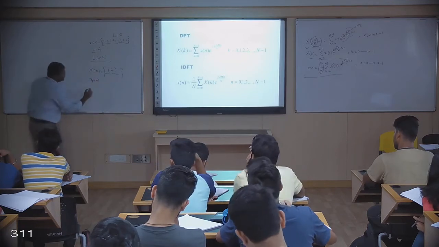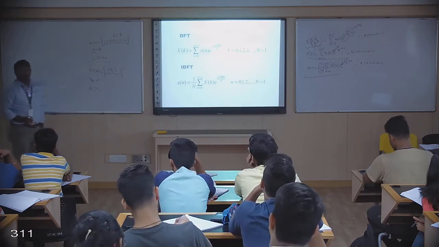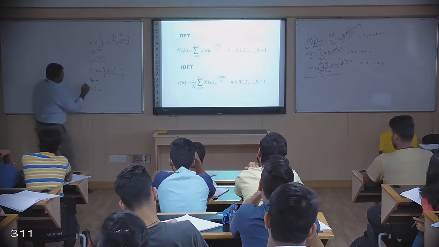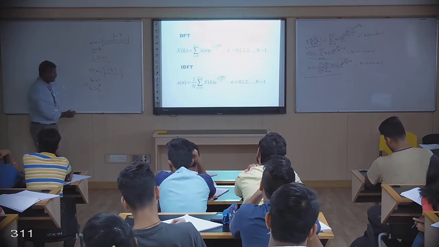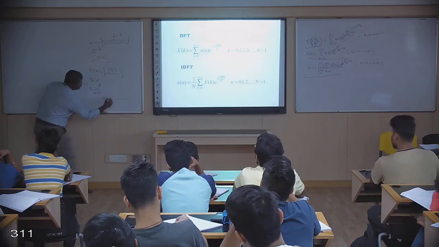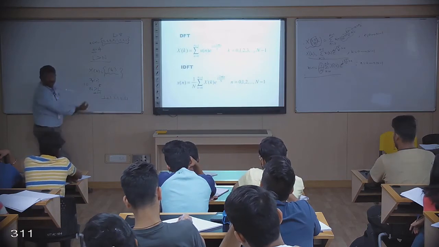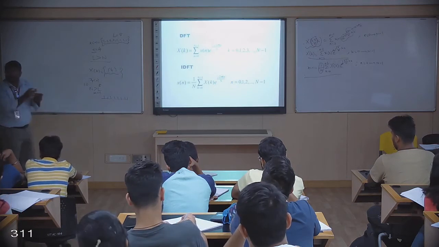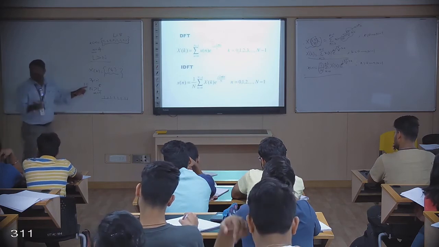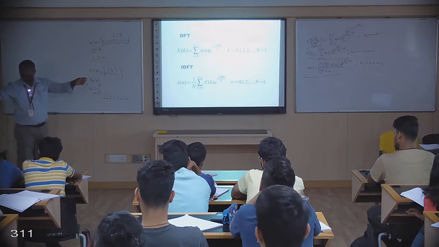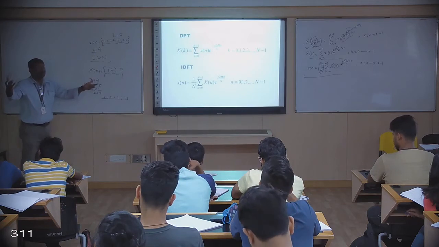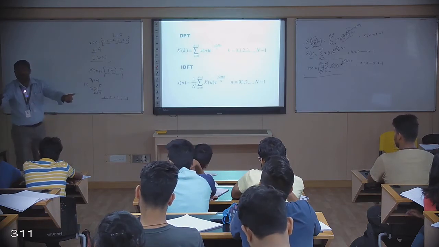Now in the case of N greater than L, say N is 10 and L is 8, your x of n will have 8 values, and when you take the DFT you will get 10 values, but the last 2 values will be 0. When you are reconstructing, instead of 8 you will get 10. There is no harm, right? You are not losing any information.